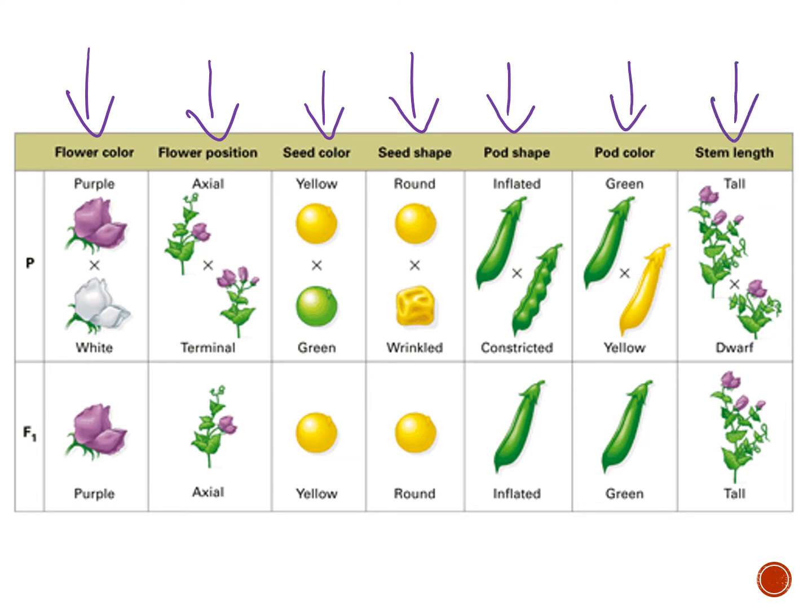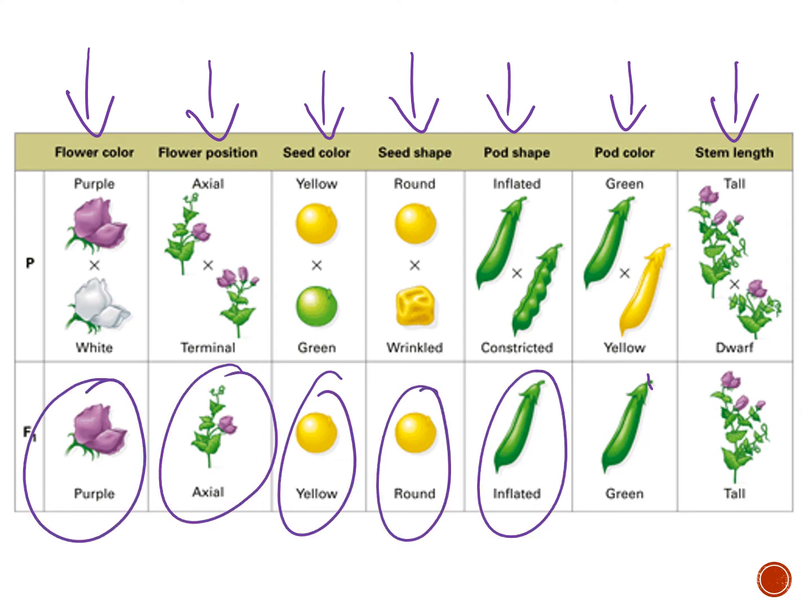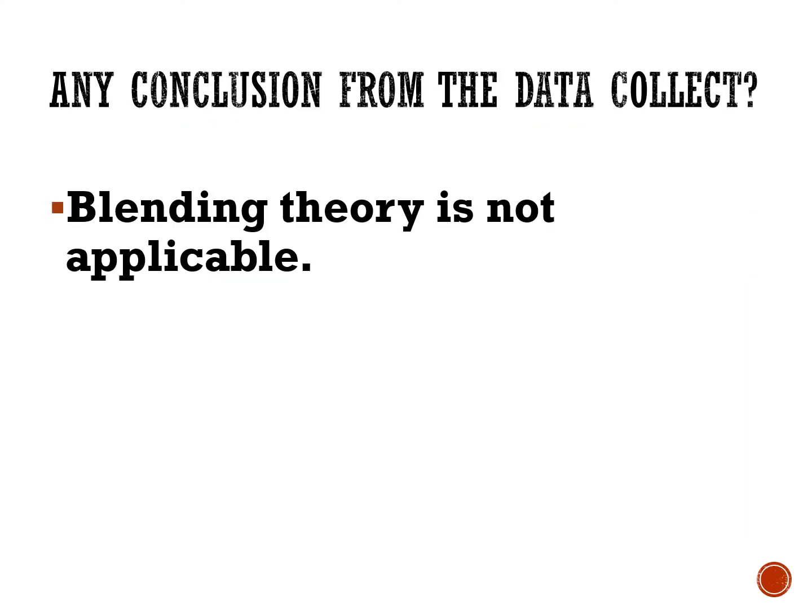What he found is that after reproduction, only one character was shown, not a character in between the two parents. So he concluded that the blending theory is not applicable. It is not a very exact theory to explain genetics.